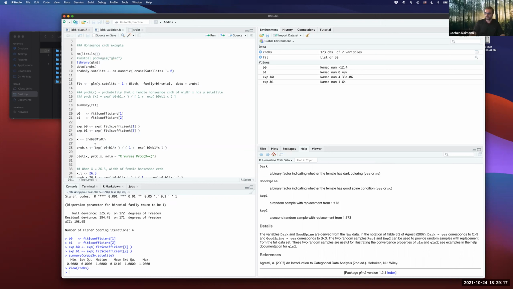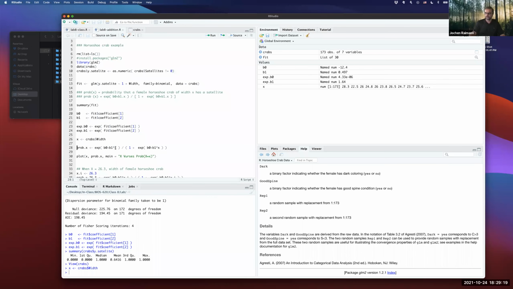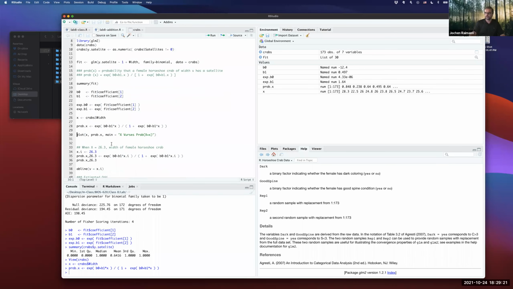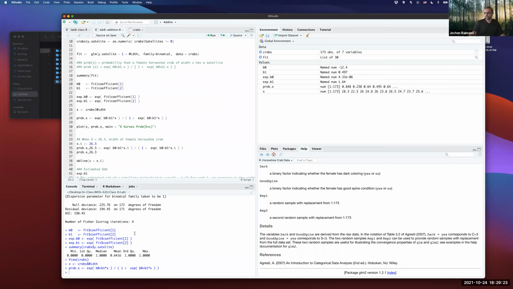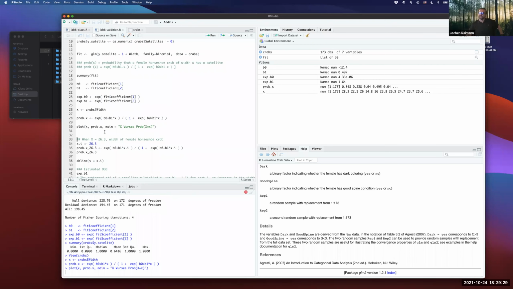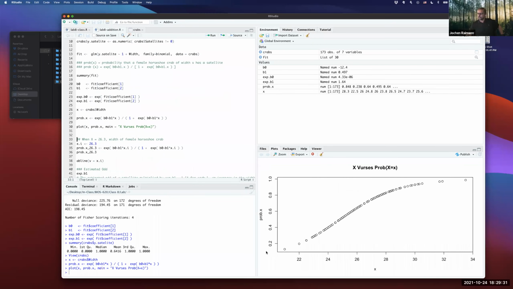X is crab's width. So we're now calculating this in a more classical way. So we're basically plotting this.